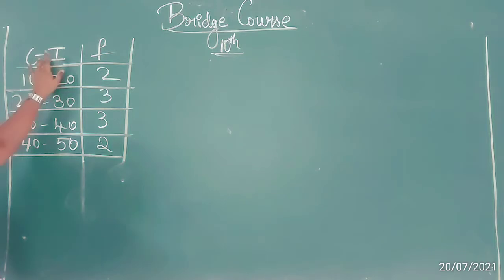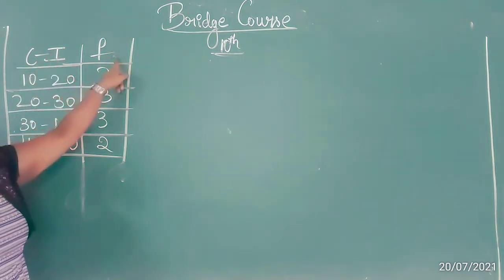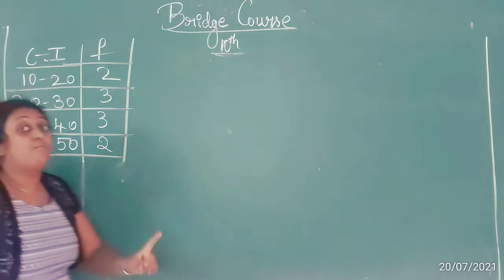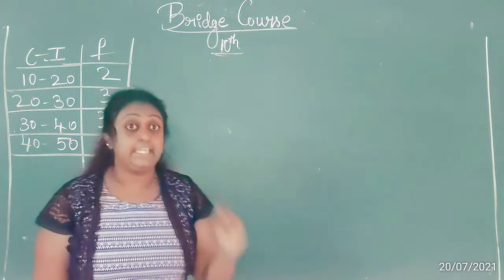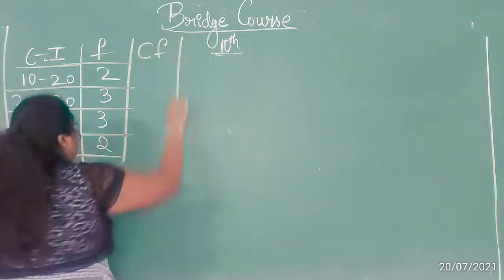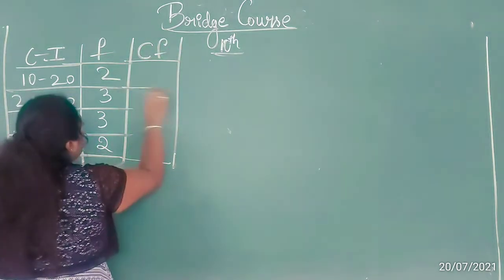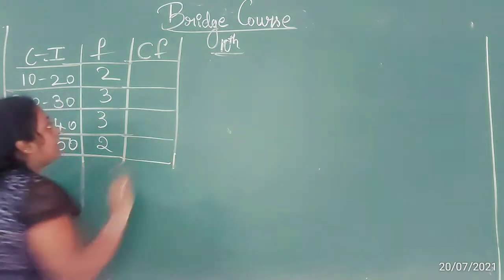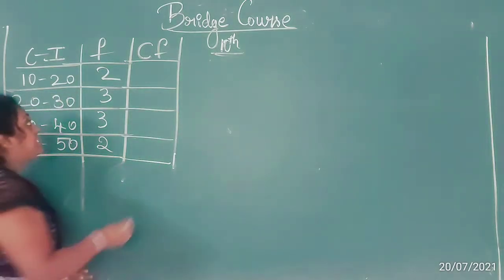So this is CI, when I did it in mean, it is your class interval. F is frequency. Now for median, you have to draw one more column, that is your cumulative frequency, CF. I'll write the full form here. Now how will you find your CF? I will use a colored chalk so that you will understand.